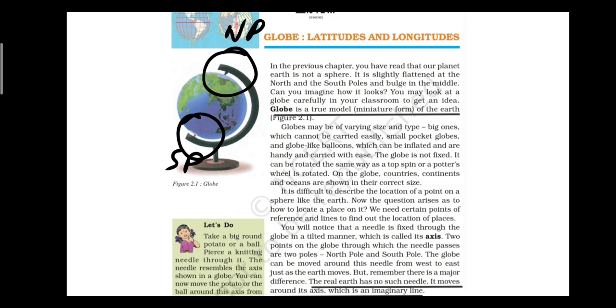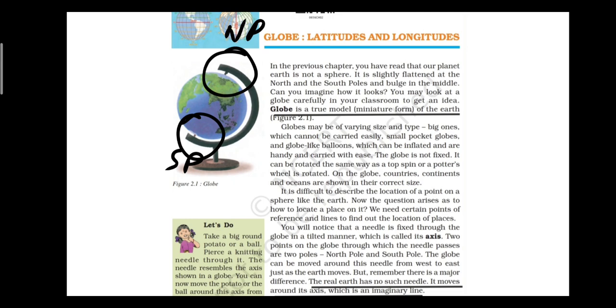So, globes come in various sizes and types. So, there are these bigger globes which cannot be carried everywhere because that is difficult to carry. Then there are some globes which can be carried easily in our pockets, and those are easy to carry everywhere.